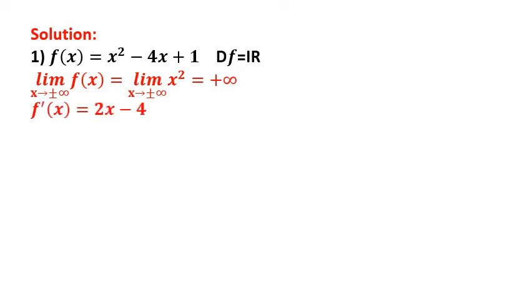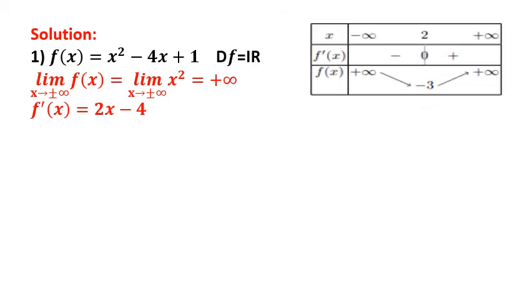f prime of x is 2x minus 4. To draw the table of variation of f, first we study the sign of f prime. To study the sign of f prime, we solve f prime of x equal to 0. We get x equal to 2. Then in the table of variation we put the domain of definition of f, which is minus infinity to plus infinity, and the root of f prime, which is 2.